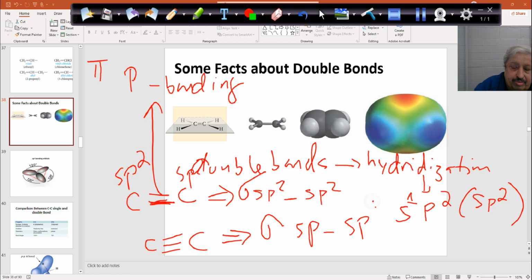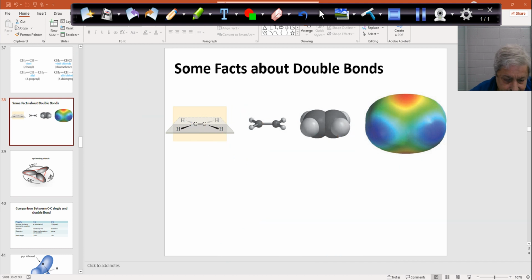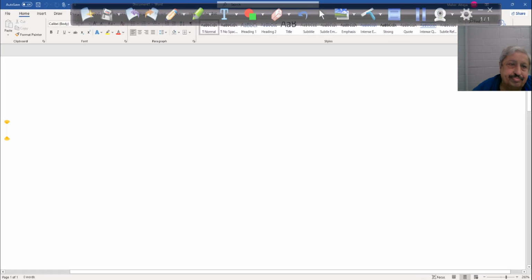So this is sp hybridization. And the single bond here is sp3. Single bond, sp3. So let me make a table out of this so you can follow. Just hold on, I'll make a table for you guys. So here it is.